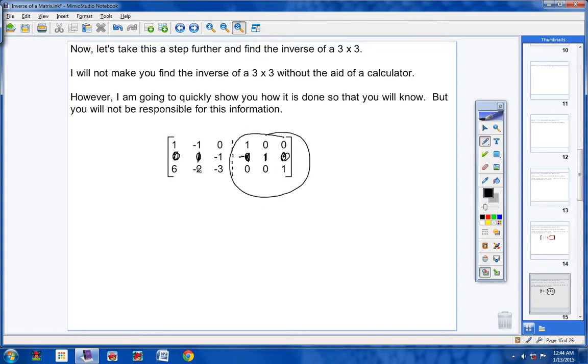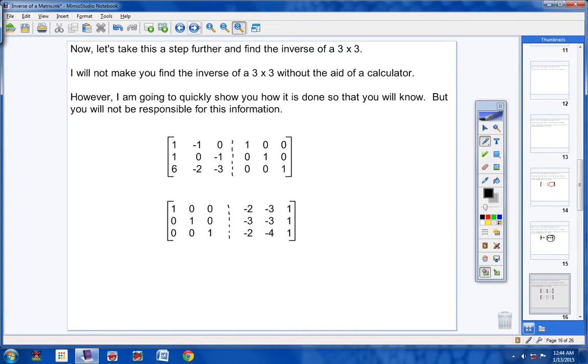So this can take you sometimes, students, a long time. It can really be, trust me, a tedious process, okay? But here's what happens. When you're all done and you finally have this over here in the form of an identity matrix, then what you're left with over here is the inverse of this matrix right here.